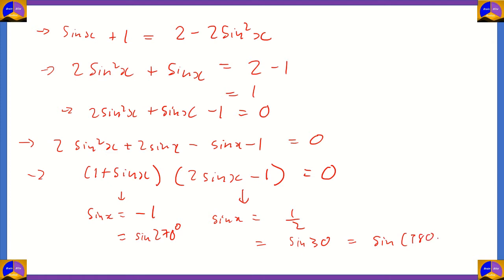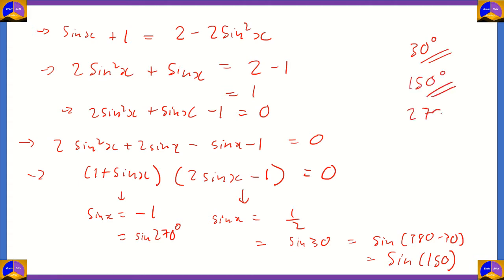So that is 180 minus 30, which is equal to sine of 150. So as you can see, the three solutions for this equation are 30 degrees, 150 degrees, and 270 degrees. So we have 3 solutions for this trigonometric function.